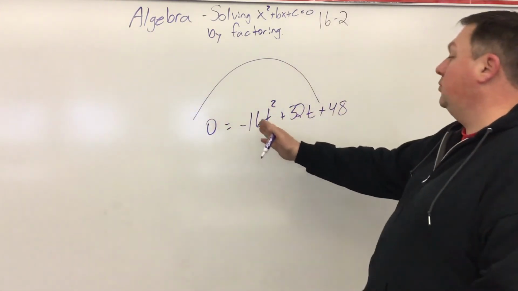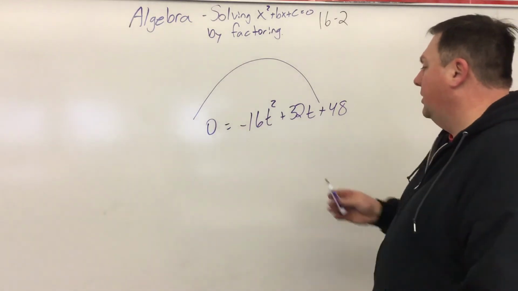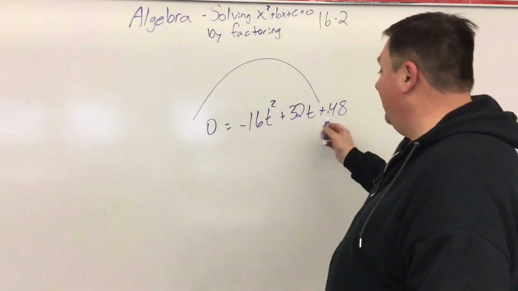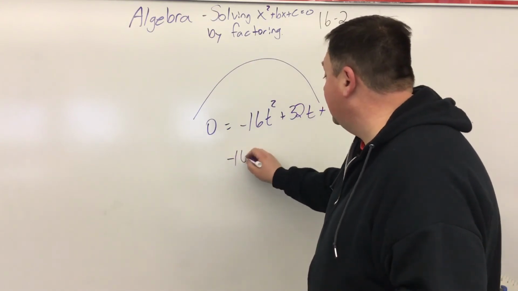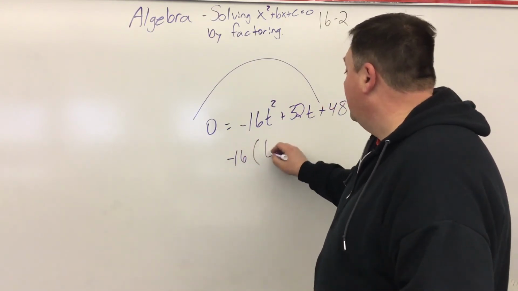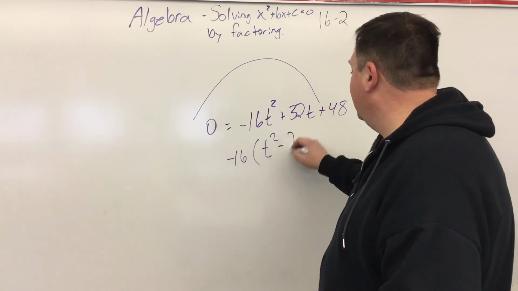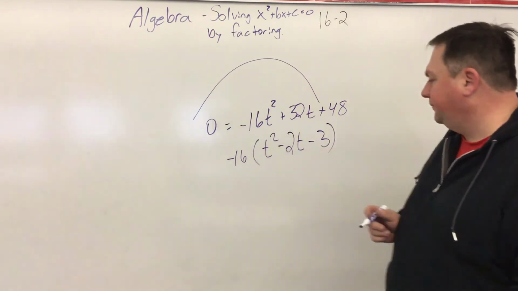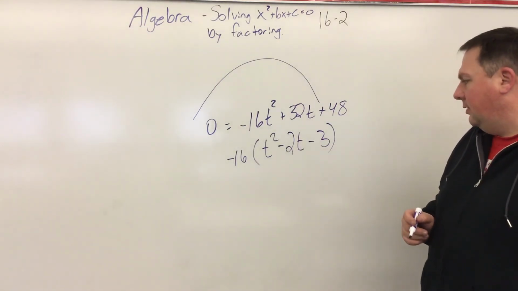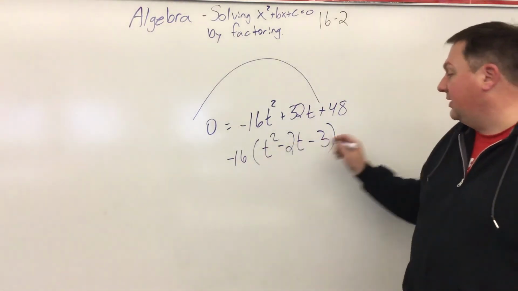Now we have to factor something out. I can already tell I can factor out a negative 16. So it's going to be negative 16 times t squared minus 2t minus 3. Now I'm going to look and see what can equal 0.